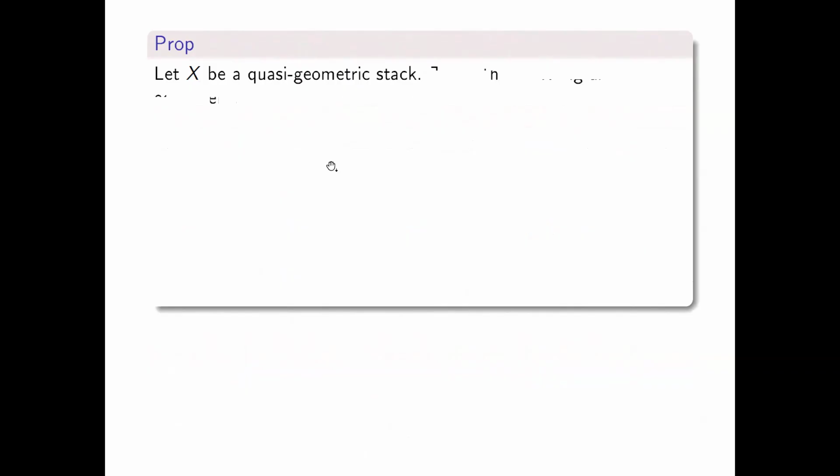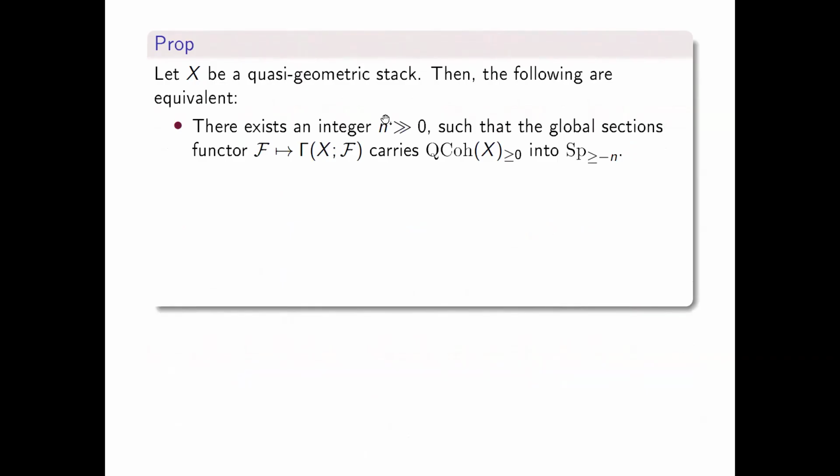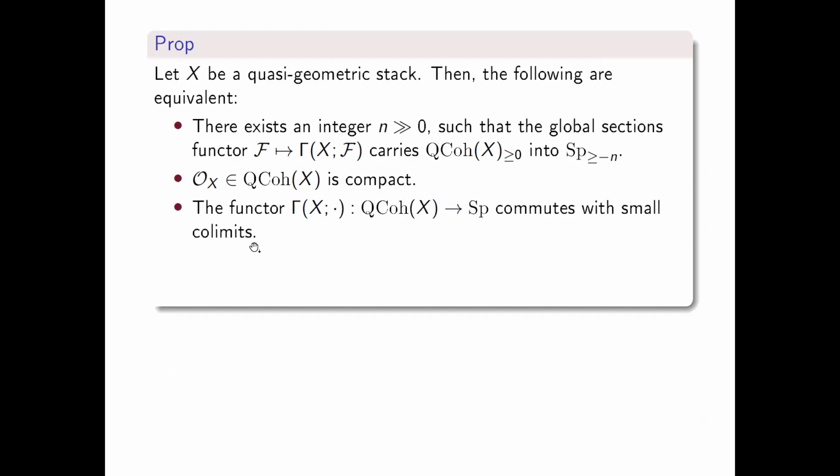So here's another proposition. You start off with a quasi-geometric stack X, and the following are equivalent. First, there is an integer n, large enough, such that the global sections functor carries QCoh(X) greater than or equal to 0 to spectra greater than or equal to minus n. The second is that O_X is compact. The third statement is that the global sections functor from QCoh to Sp commutes with small colimits.